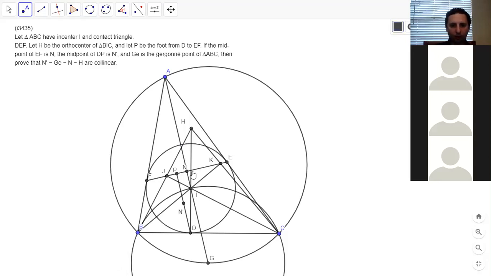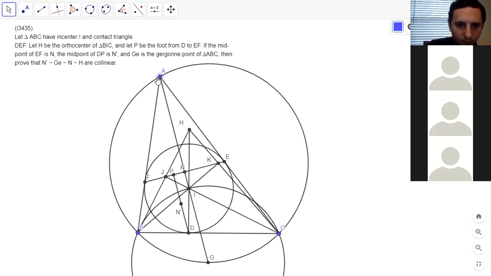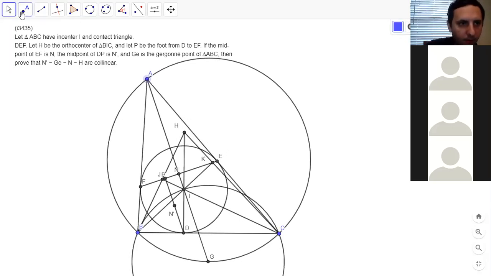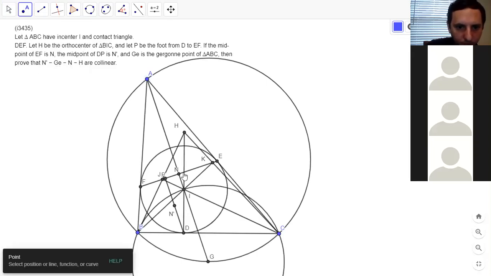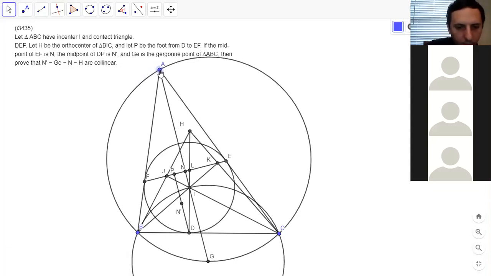Okay, so hold on just a sec. So you're projecting through N onto DH. Is that the strategy? Yeah. Okay. So we want to show... what are the four points you're projecting through N?